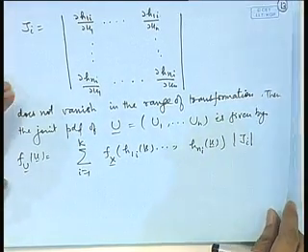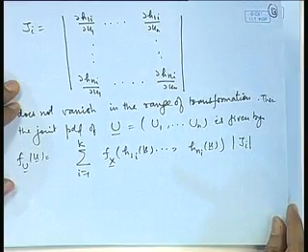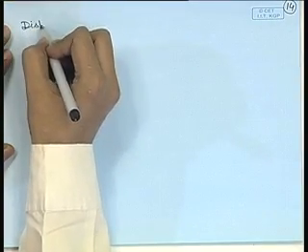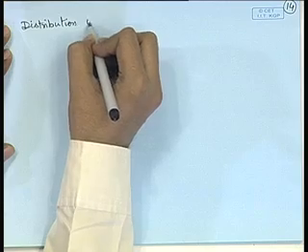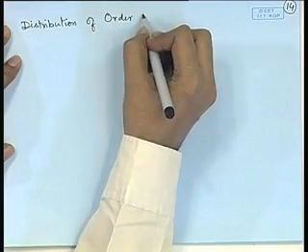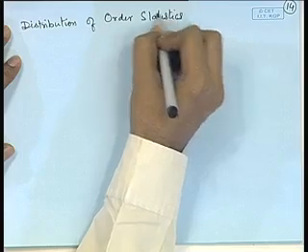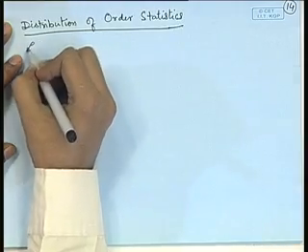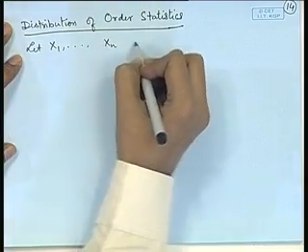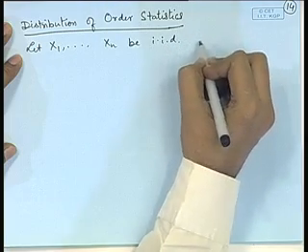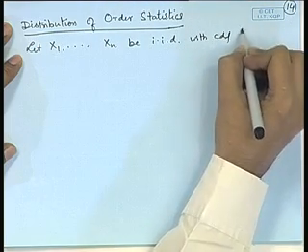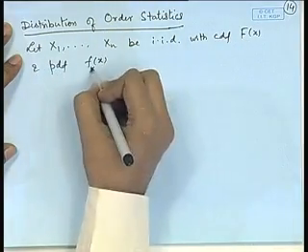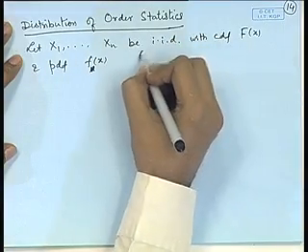We consider an example. For example, we can consider distribution of order statistics. What are order statistics? Let X1, X2, Xn be IID with some CDF, say F of x, and PDF, say f of x, and let me assume it to be continuous.